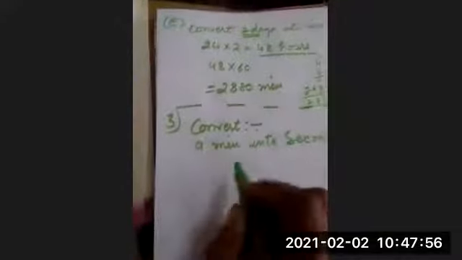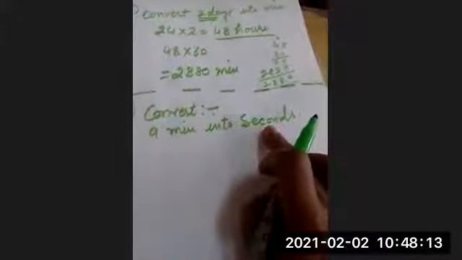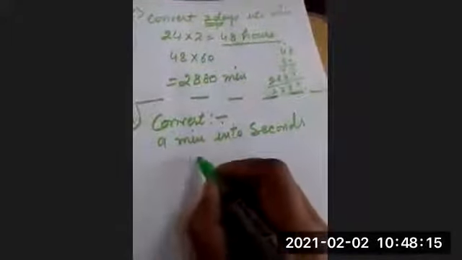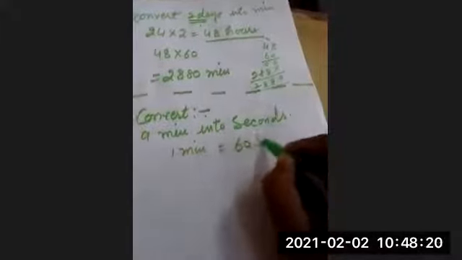Yes, friends. In one day, we have 24 hours. In 1 hour, we have 60 minutes. And 1 minute is equal to 60 seconds.